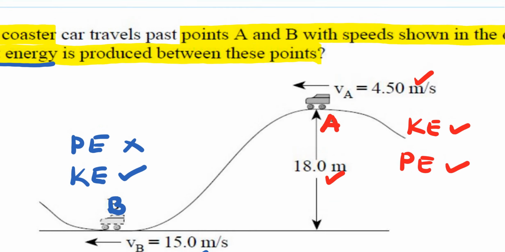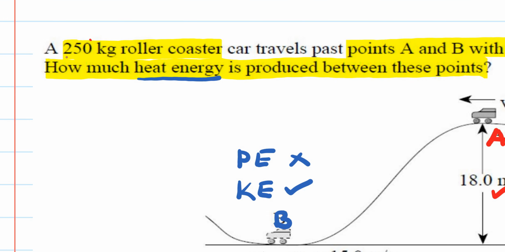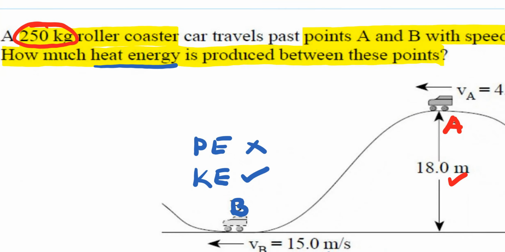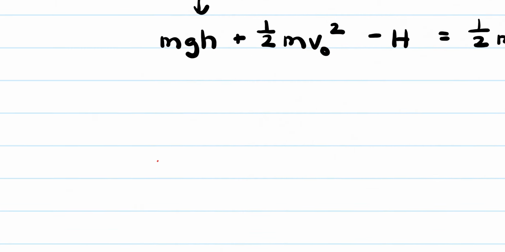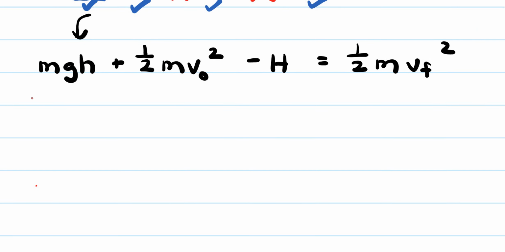Going back to the original problem, we have a 250 kilogram roller coaster, an initial height of 18, and an initial speed of 4.5. Let's plug in those numbers with a red marker.